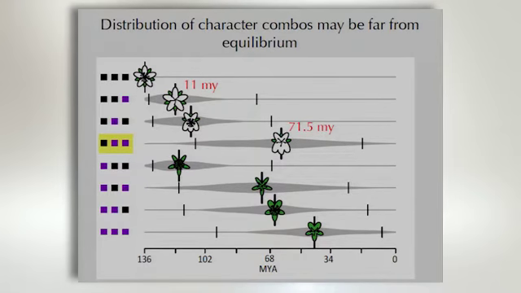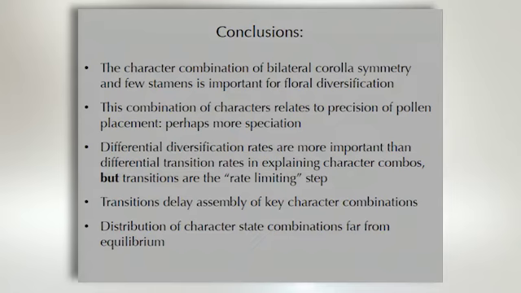When we look out across the angiosperms, the distribution of character combinations is likely far from equilibrium. So in conclusion, the character combination of bilateral corolla symmetry and few stamens is important for floral diversification. This combination of characters relates to precision of pollen placement and speciation.